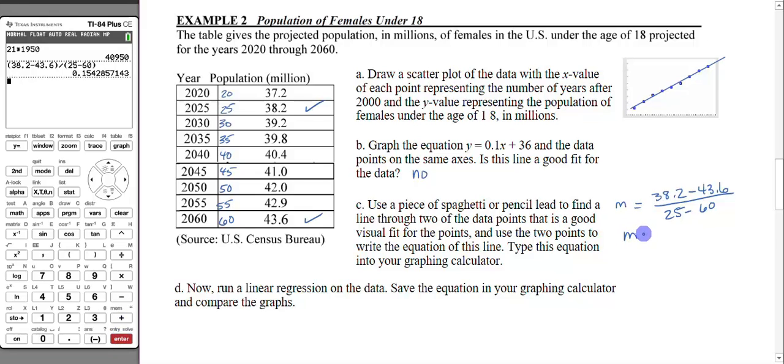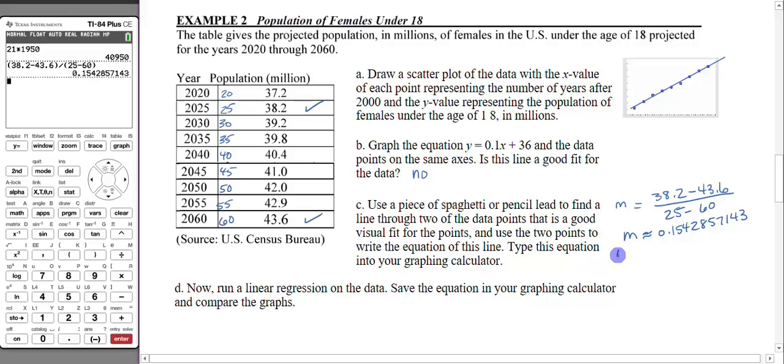So slope is, we'll say approximately 0.1542857143. Okay, and then I need to use one of those points that I used for finding the slope and the slope to get the equation of the line.